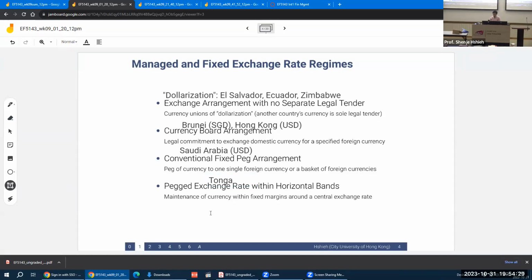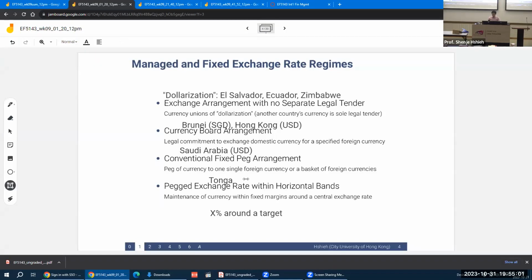What they do is say that it's 10%, so X% around a target. They announce that, and that's what they do until they change their policy in the future. An example would be, suppose we have a target exchange rate of 1-for-1, but then plus or minus 5%. That's what a pegged exchange rate with horizontal bands means.